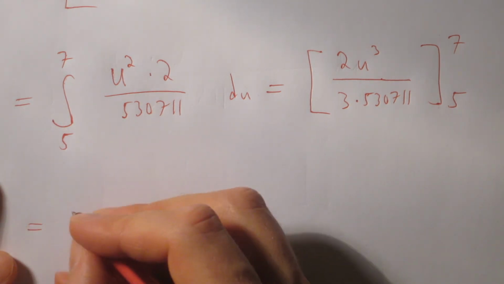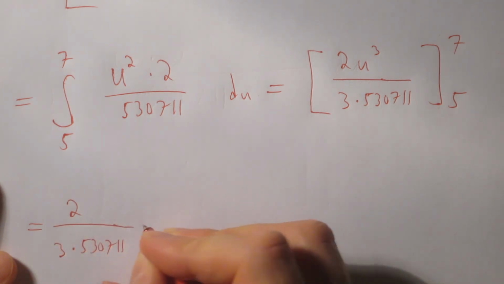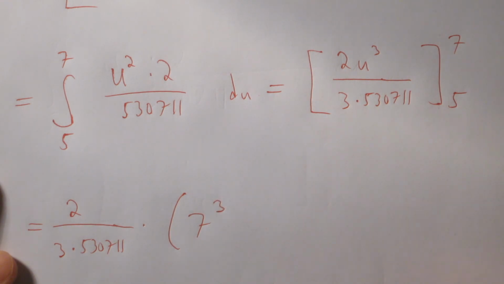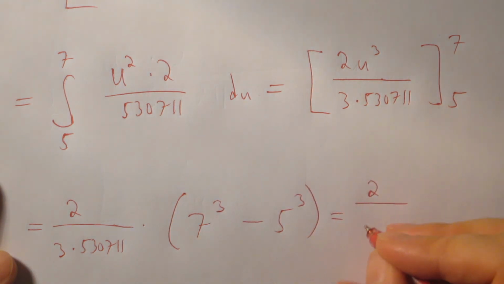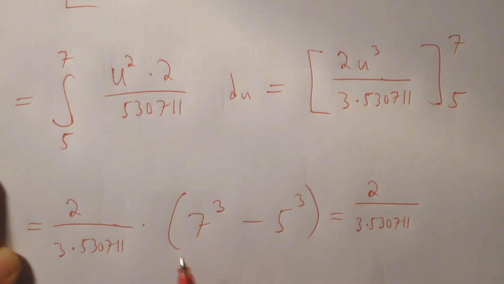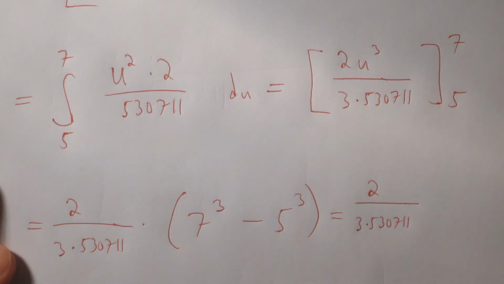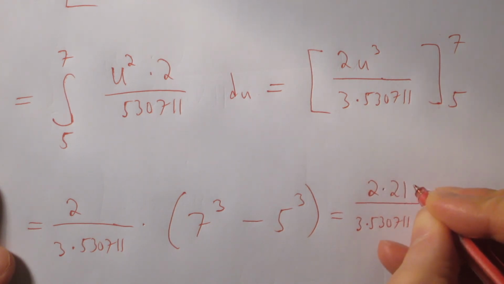Now you just need to plug in the upper limit minus the lower limit. And it's 343. If you don't know it by heart, it's like 7 times 50 minus 1, so it's 343 minus 125, so it's 218.